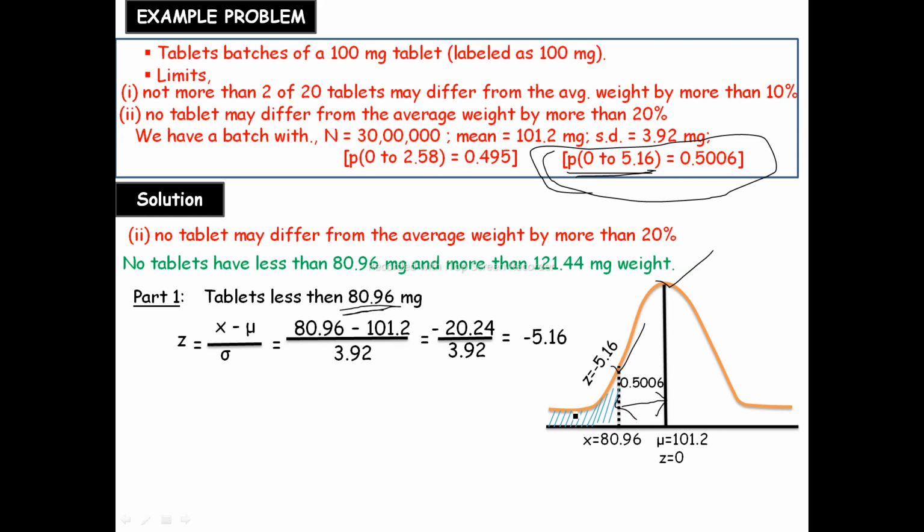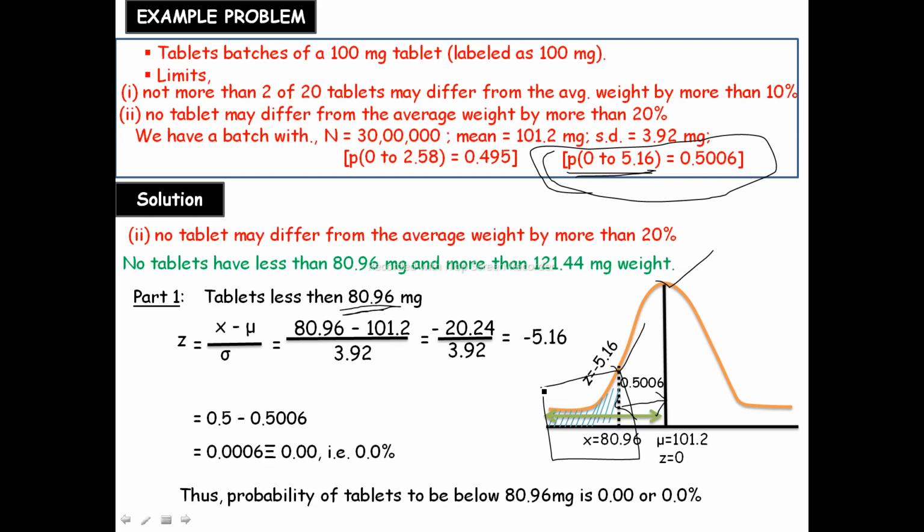But what area do we require? We require this area, that is less than 80.96. The entire half area is 0.5 we know. So 0.5 minus 0.5006 gives 0.0006, or you can say approximately 0%. Thus the probability of the tablets to be below 80.96 mg is 0%.